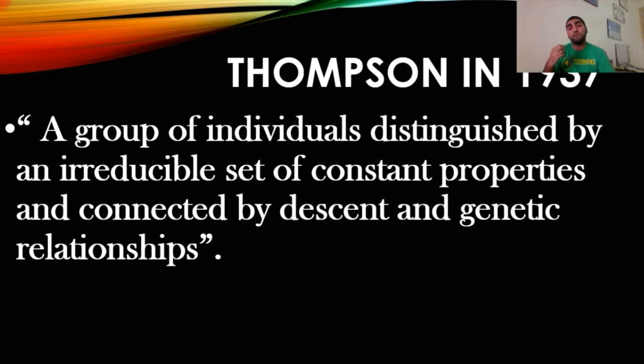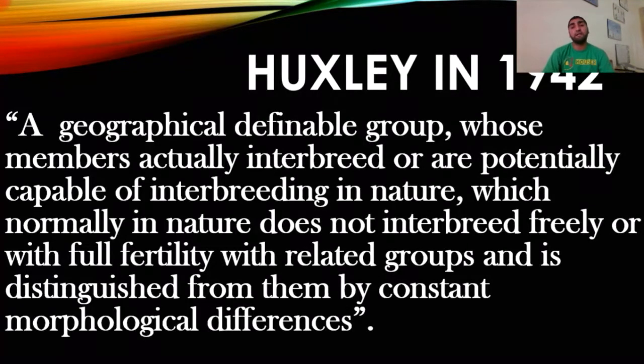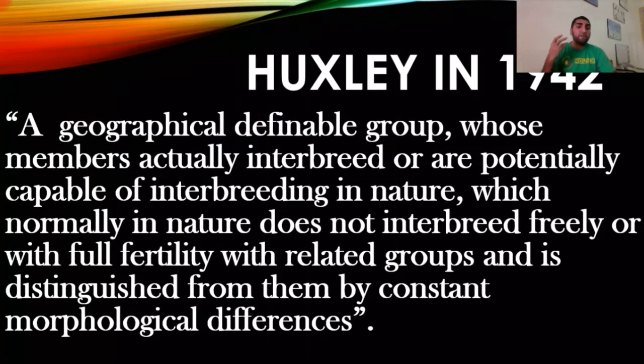He called the species a group of individuals distinguished by irreducible sets of constant properties, meaning they have certain properties which are constant in them, and they are connected by descendant, meaning their parents were the same, and genetic relationship, their genetics also match with each other, they have the same genetic makeup.